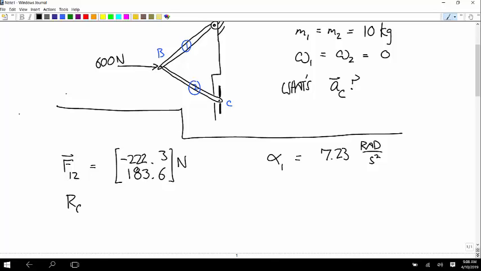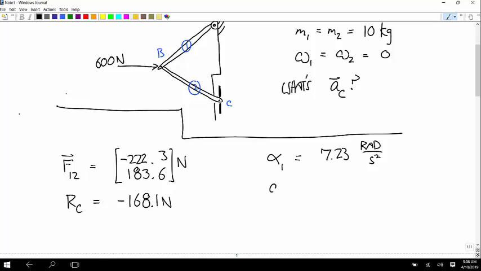RC, the normal force that the slot is applying to the pin at C, was negative 168.1 newtons. That doesn't mean much if you don't know how I chose the direction of that normal force, but I chose the default direction this way, so that it says it is a force of 168.1 newtons going that way. Which makes sense if you think about what direction these forces would act.